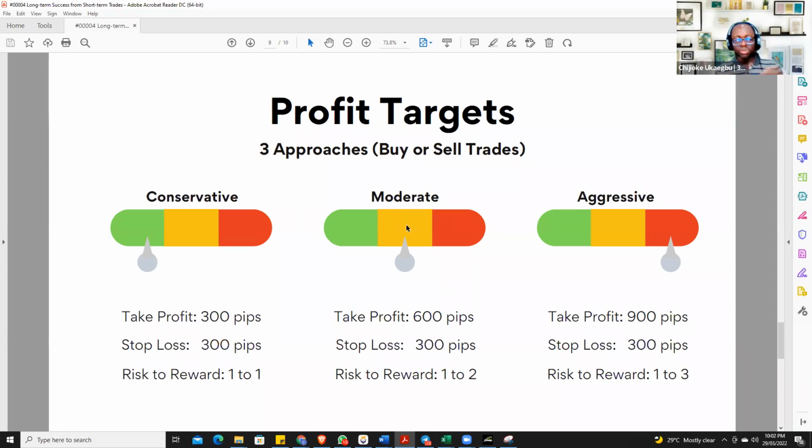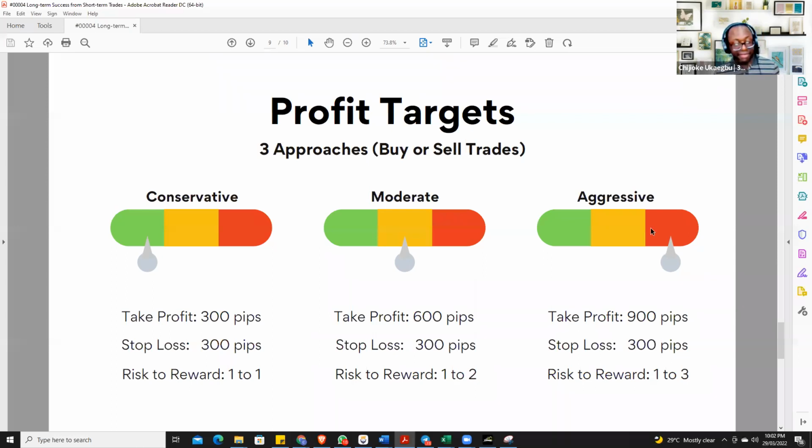There's a moderately risky approach where you've doubled the distance of your take profit and your stop loss is 300 pips away. So you're looking to gain $2 for every $1 that you are risking, more or less. That's how that works.